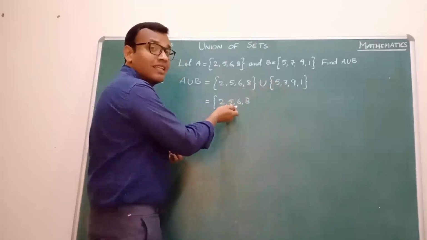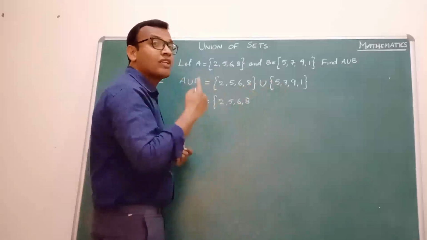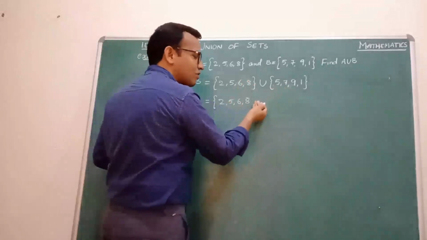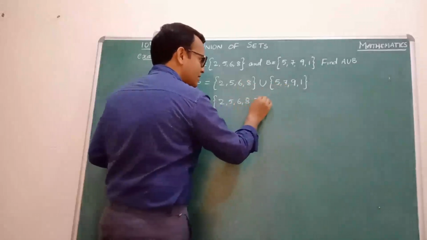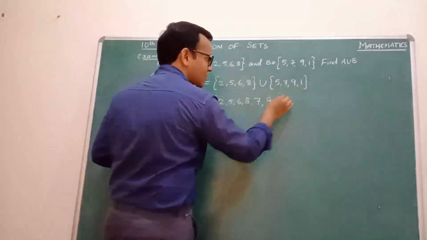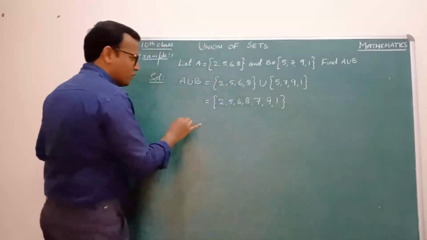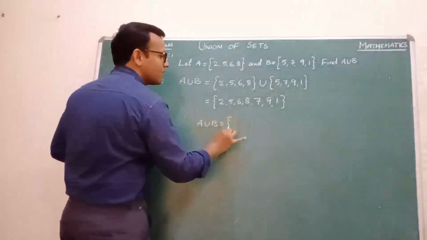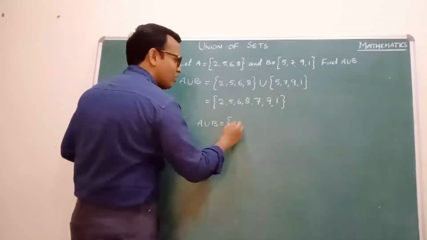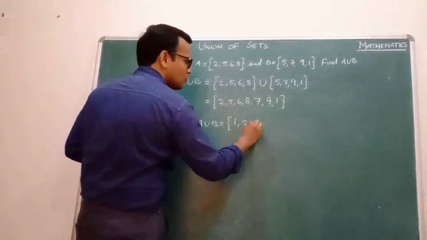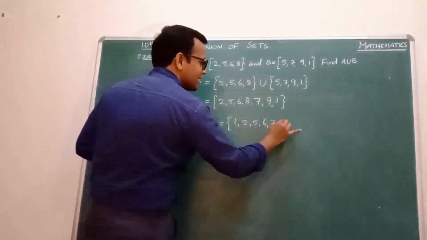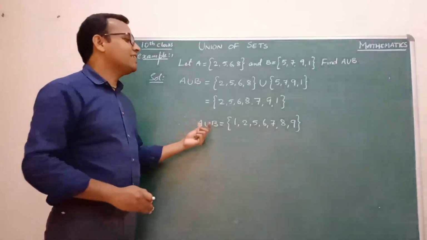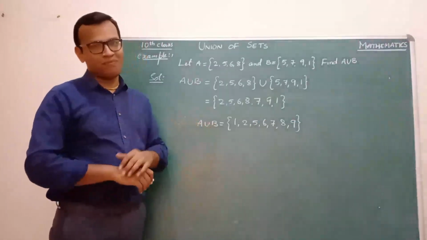We know that the elements must be distinct, means we should not repeat the elements. So we have written 5 already, we need not write it again. 7, 9, 1. So therefore A union B is equal to the set of, let me write in order, 1, 2, 5, 6, 7, 8 and 9. So these are the elements present in A union B.